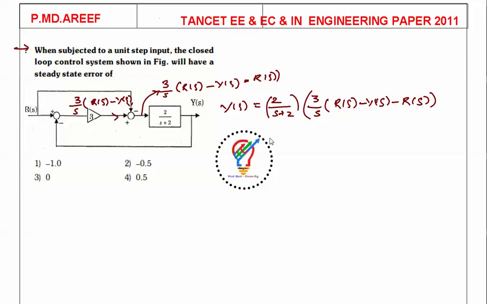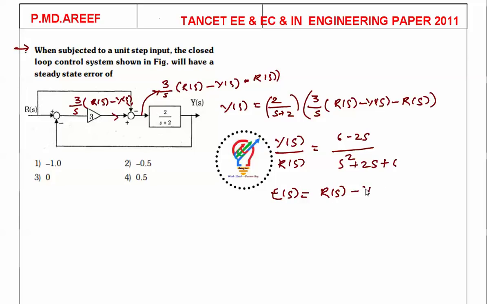By simplifying this network, I will write Y(s) divided by R(s), which is nothing but (6 minus 2s) divided by (s square plus 2s plus 6). Now from this we need to find the error signal. The error signal is E(s) equal to R(s) minus Y(s), which can be written like this.